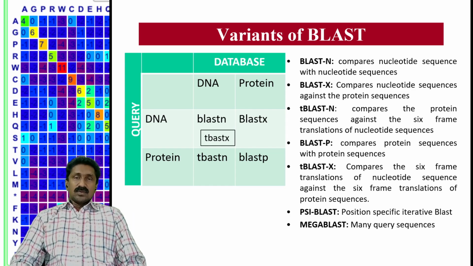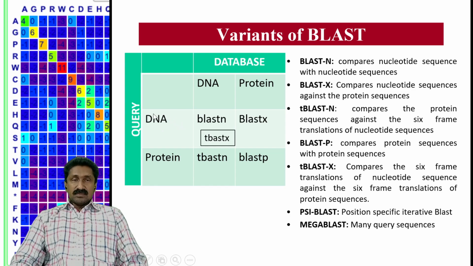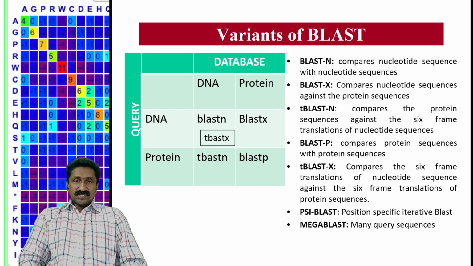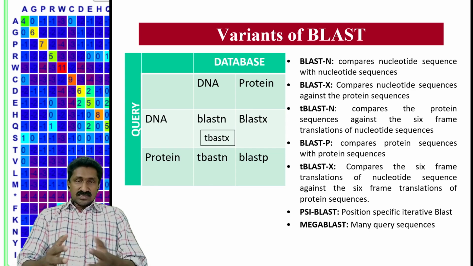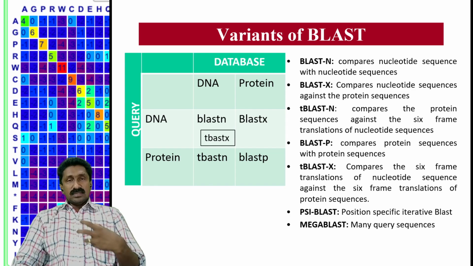Now, here BLASTN compares a nucleotide sequence against a nucleotide database. For example, you have a DNA sequence or rDNA sequence of a 16S rRNA, which is sequenced in your lab, and you want to identify the organism and classify it.